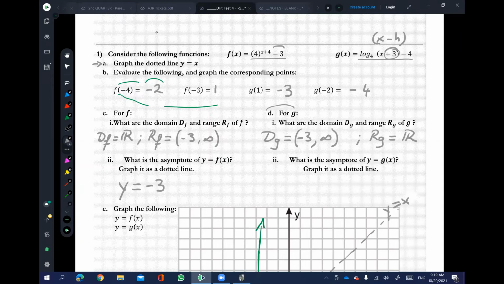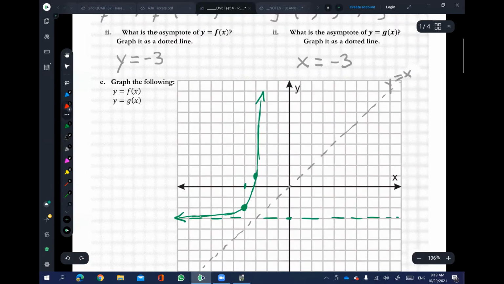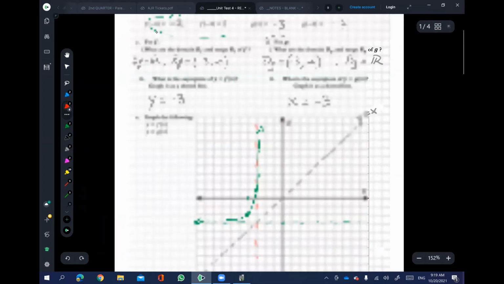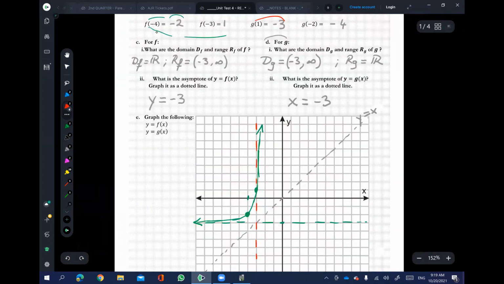And the asymptote will be not a y equal horizontal line, but a x equal, a vertical line starting at negative 3. So let's graph this asymptote at x equals negative 3. Let's graph those two points, 1, negative 3, and negative 2, negative 4.